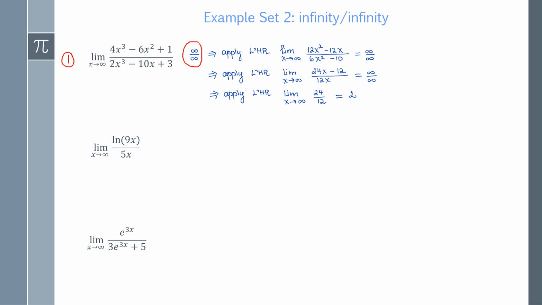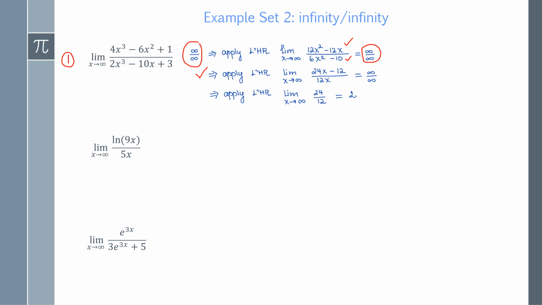So we compute the derivative on top and the bottom. The derivative on top is 12x squared minus 12x, and the derivative on the bottom is 6x squared minus 10. Once again, we get the same form as before, infinity over infinity, so we can apply L'Hopital's rule a second time.